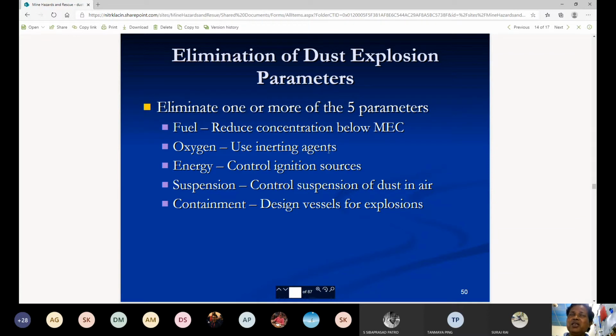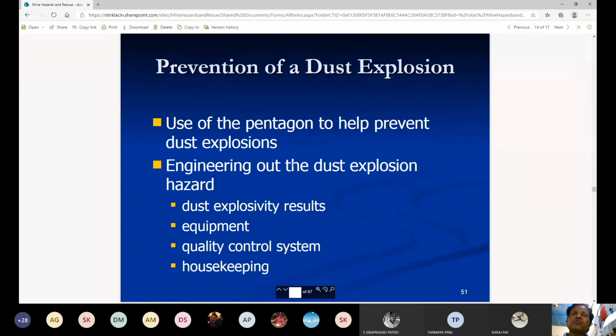What inert agent can you use? Like your stone dust. Stone dust is an inert dust. And if you remove the ignition source, then also you can eliminate the dust explosion. So prevention of dust explosion is possible by using the pentagon.